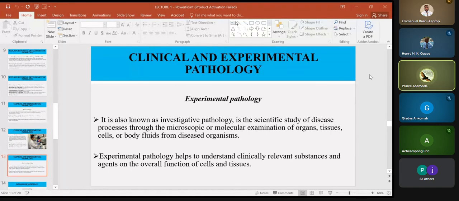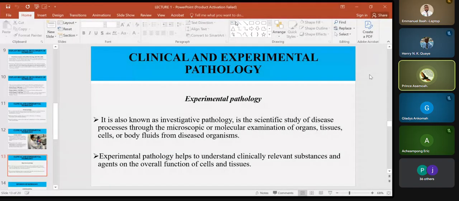Molecular examination of tissues and all of them. You do that to investigate, like epidemiological departments do. Theirs is to investigate to understand why things are happening that way.